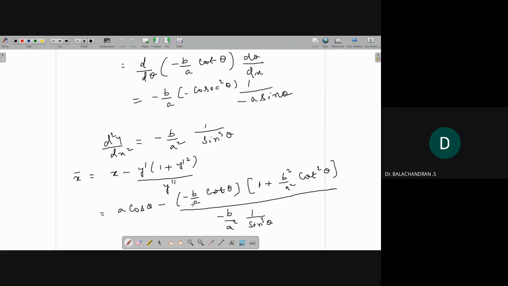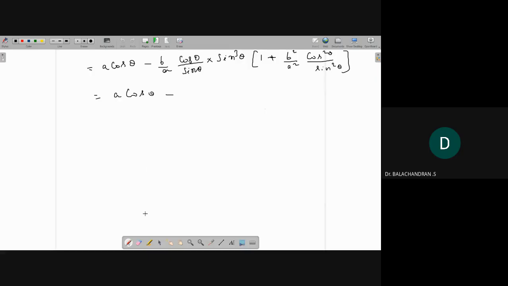Okay, I'll check it here. So it is just minus a sine squared cos theta, sir. Okay, so actually here minus minus minus, so minus, so b b gets cancelled, so minus a sine cube theta. Okay, I think here I did the mistake.